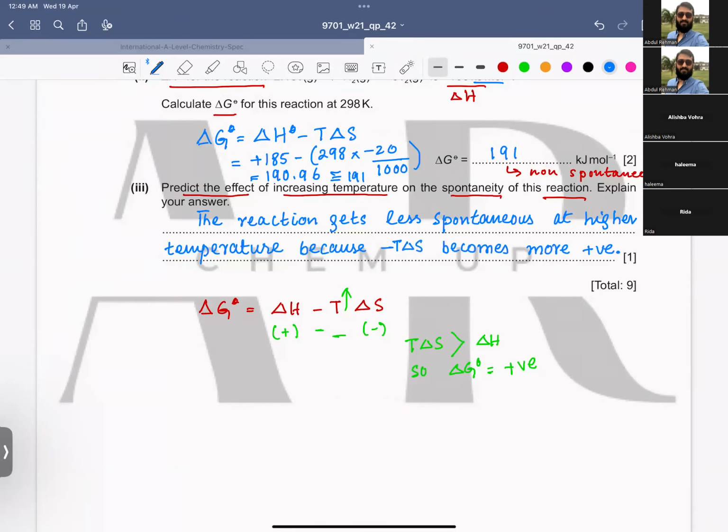So both the values are positive. We will get a bigger value with the positive sign. Is this understandable to everyone? Yes.